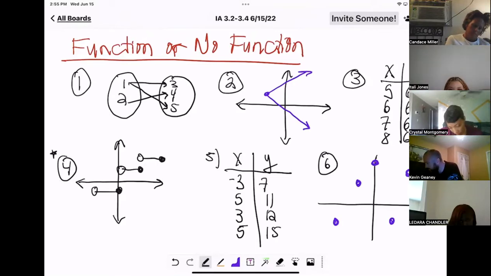Amber, the only one is number 4, which is a tricky one. And we'll talk about that in a second. Some people are sending me their answers. I'm sort of checking them out.